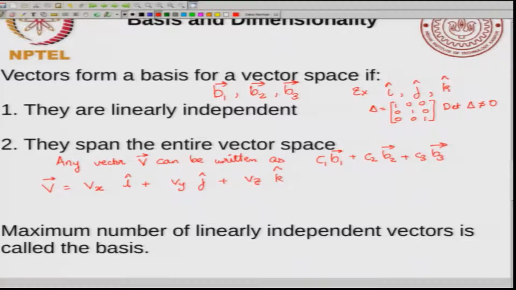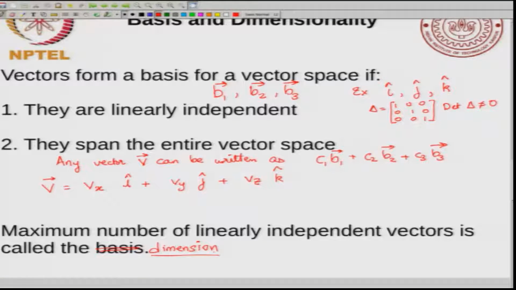Now, what I said is the maximum number of linearly independent vectors is called the basis of the vector space. So, in any vector space you can have a maximum number of linearly independent vectors, and that is called the dimension. So, the maximum number of linearly independent vectors is called the dimension of the vector space. You can ask the question what is the dimension.